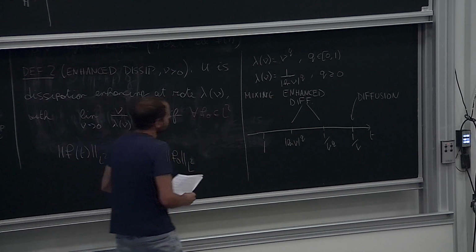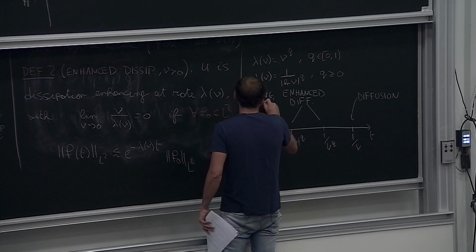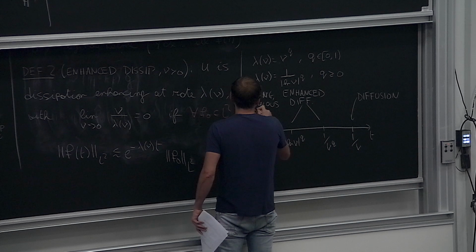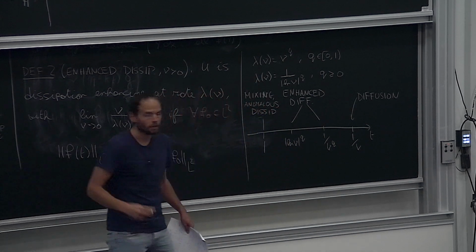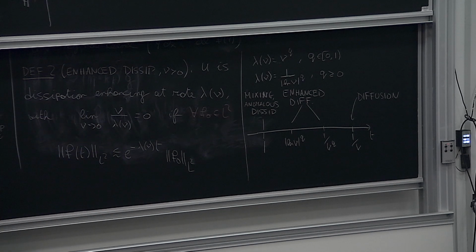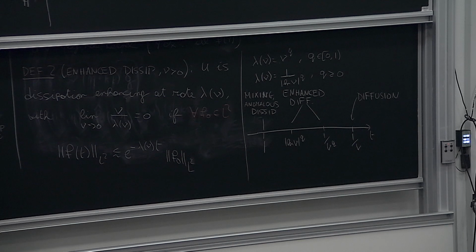So it's a time scale of order 1, and this is sometimes called anomalous dissipation. Okay, it's something that happens really at time scale of order 1. So reasoning in terms of time scales is like, okay, how fast do I homogenize, and are those time scales sharp or not?